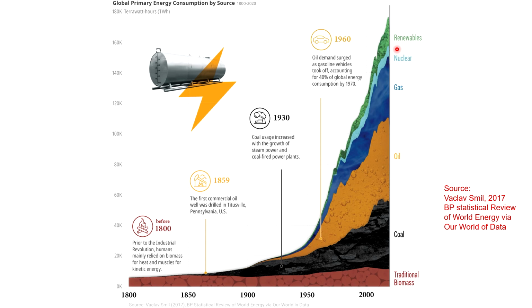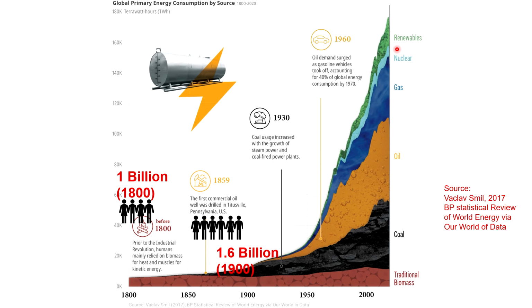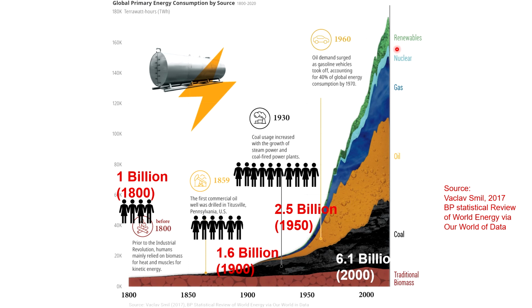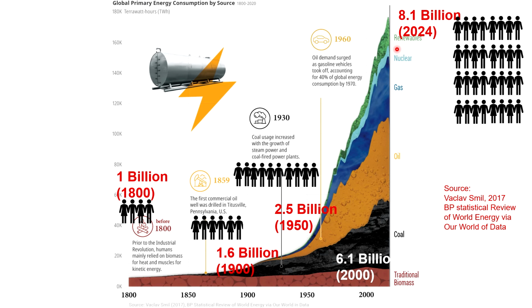In this period, we have also discovered things like nuclear energy and renewable energy. Renewable energy is based on sources of energy that are renewable in nature, non-fossil fuel based, but by and large our energy consumption is built around coal, oil and gas, and this is very much in sync with the human population. So, we can see that in 1800 we were 1 billion people, in 1900 we became 1.6 billion, in 1950 we became 2.5 billion, in 2000 we were 6.1 billion, and today we are 8.1 billion.